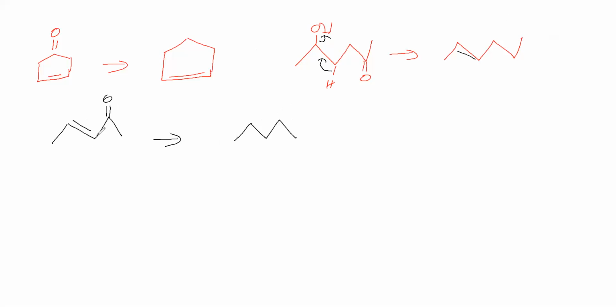Because this carbon is directly attached to the carbonyl carbon, so it is the alpha carbon, and this is the beta carbon. The alpha beta olefinic bond, that pi bond, is reduced in Clemmensen reduction.